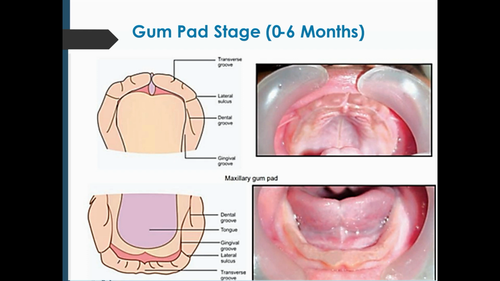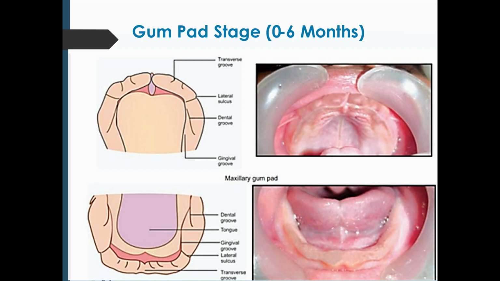It starts at the incisive papilla, extends backward to touch the gingival groove in the canine region, and then moves laterally to end in the molar region in the upper gum pad, and this dental groove joins the gingival groove in the canine region in the lower gum pad.